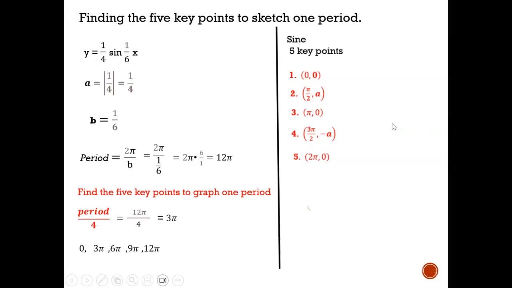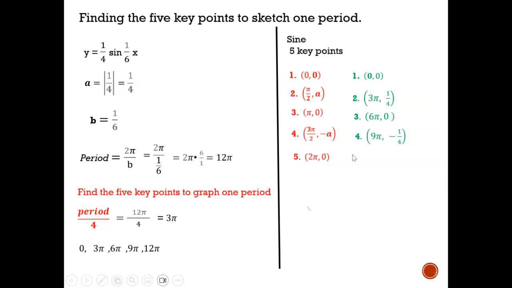That means my first point is going to be 0, 0. My second point will be 3 pi, amplitude, and the amplitude will be 1/4. My third point is going to be 6 pi, 0. My fourth one will be 9 pi, negative amplitude, which would be negative 1/4.